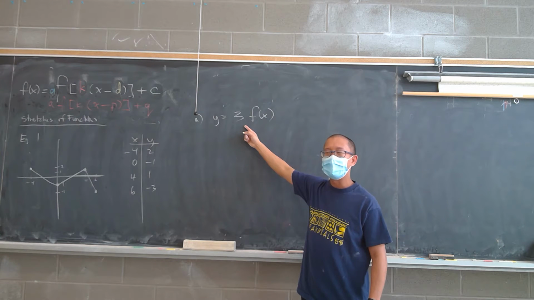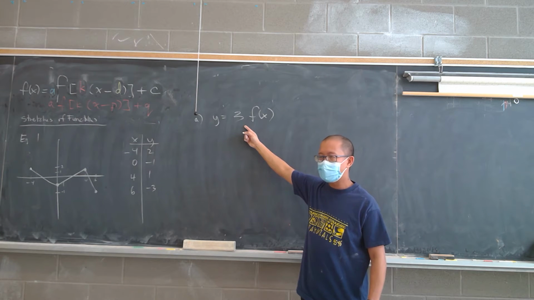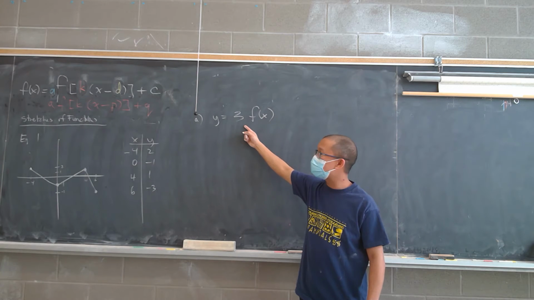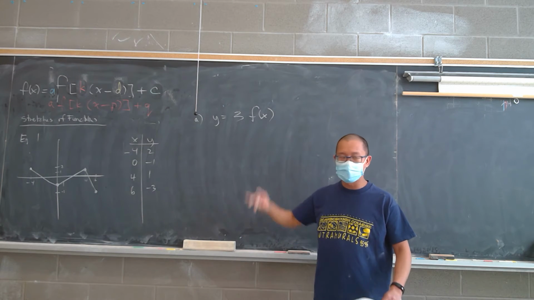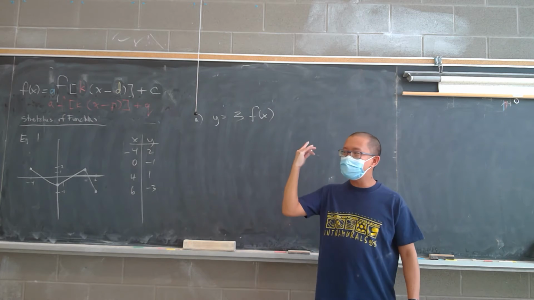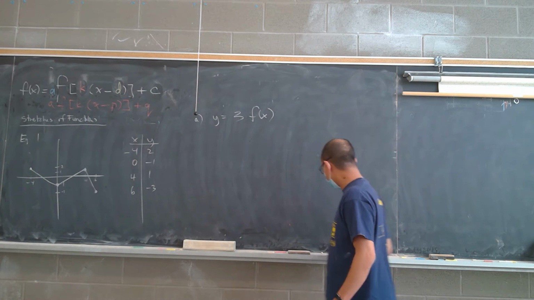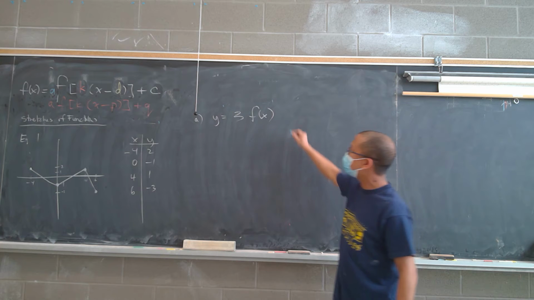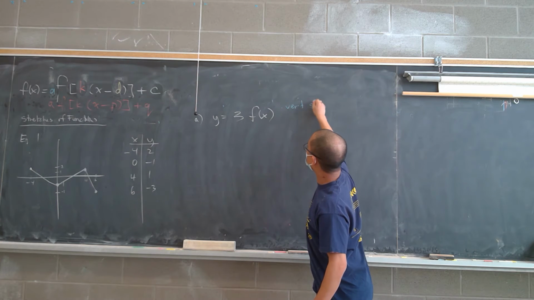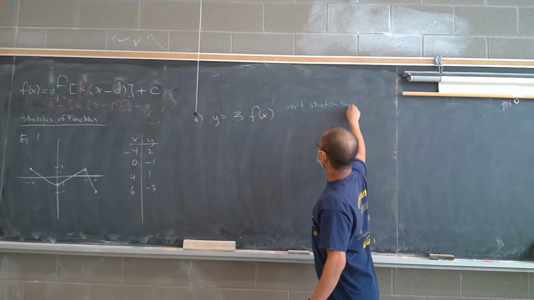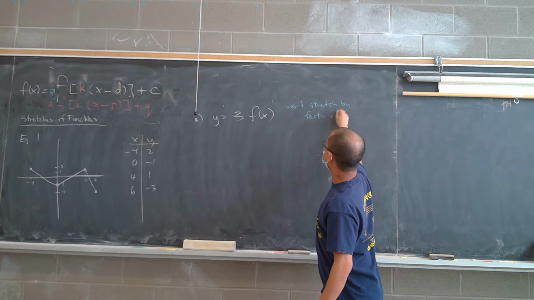Take your time. It's really easy. If you're not too sure, it's okay. This is the hardest part because on a test, it won't be laid out pretty clearly. It is an A, and specifically, this is a vertical stretch by a factor of 3.